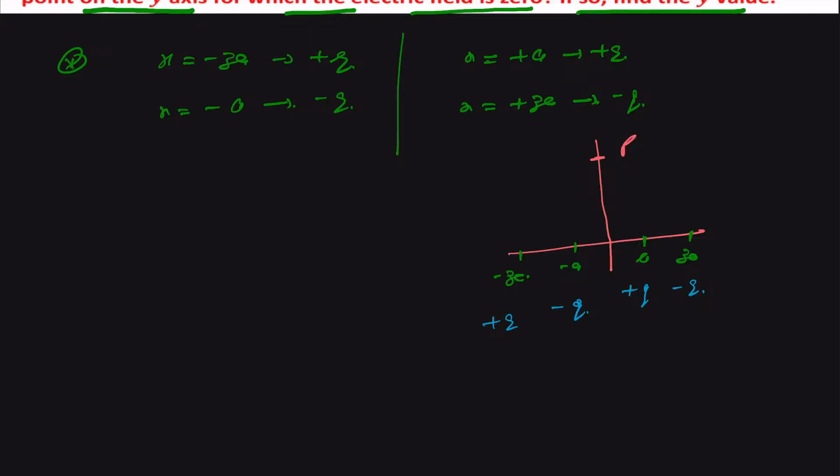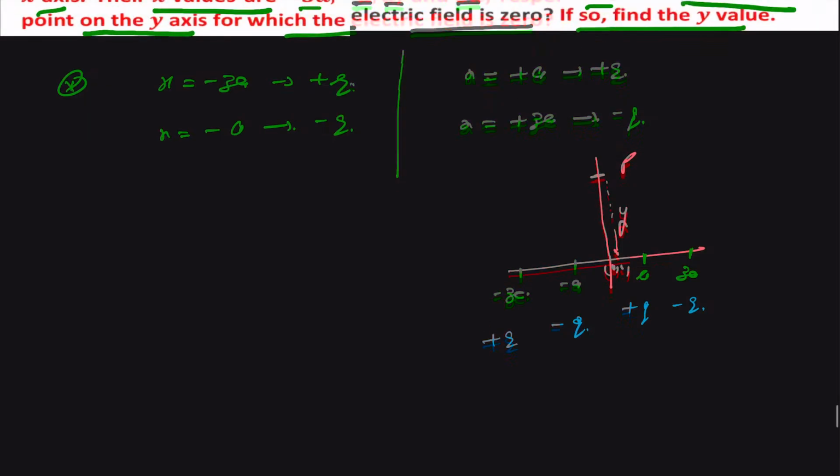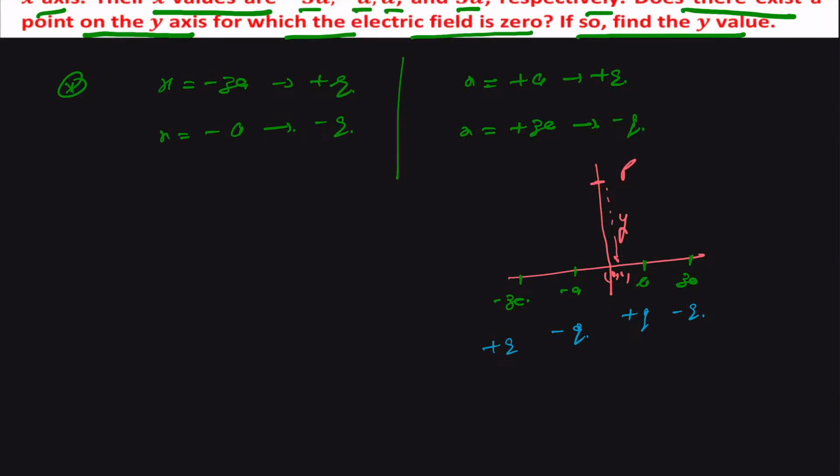And point P is at a distance of y from this origin. For any charge on the x-axis, we can generalize this entire equation. Let the point be P, and this P is at (0, y).